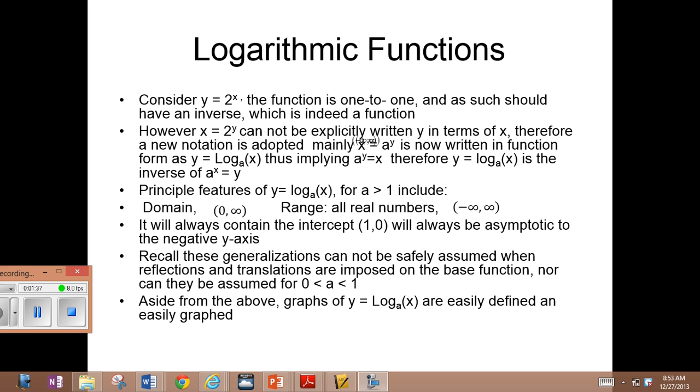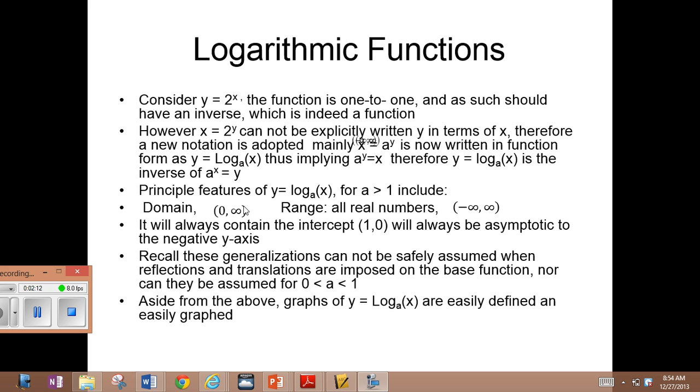For a generalized function, x equals a to the y, it is written as the function y equals log base a of x, and that is the very basis of logarithms: knowing how to go back and forth from an expression of the form log base a of x to x equals a to the y. They're one and the same. A to the y equals x is the same as log base a of x equaling y.